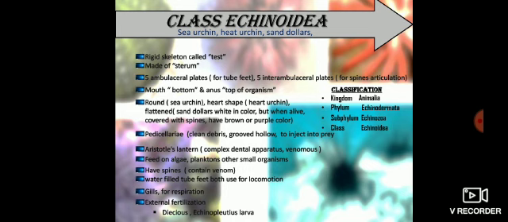Their test is made up of 5 ambulacral plates and 5 interambulacral plates. These 5 ambulacral plates are used for the tube feet and interambulacral plates for spine articulation. Mouth is present on the bottom and anus is present on top of the organism.